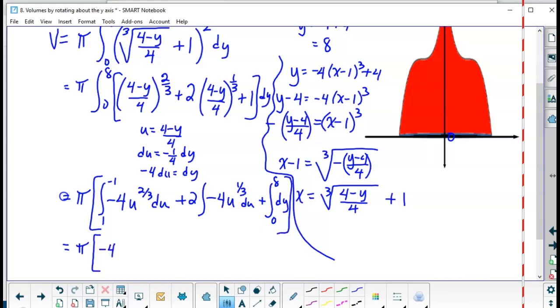So negative 4, that's going to be u to the 5/3 over 5/3. Maybe I'll do this all together before I do my indices. So then that's going to be negative, so subtract 8, u to the 4/3 over 4/3 from 1 to negative 1 plus, that's going to be y between 0 and 8.